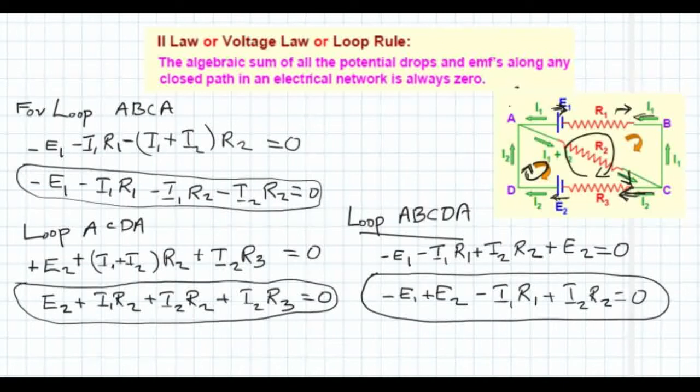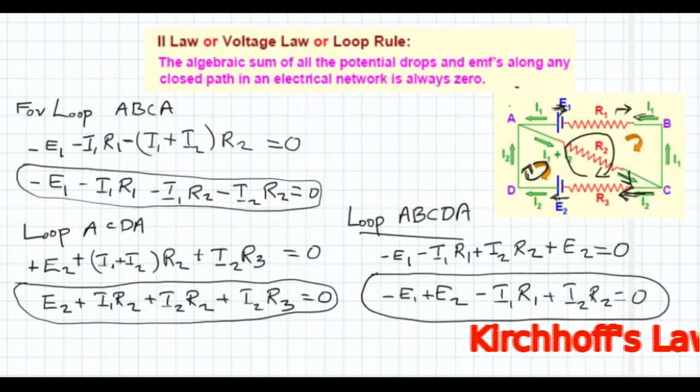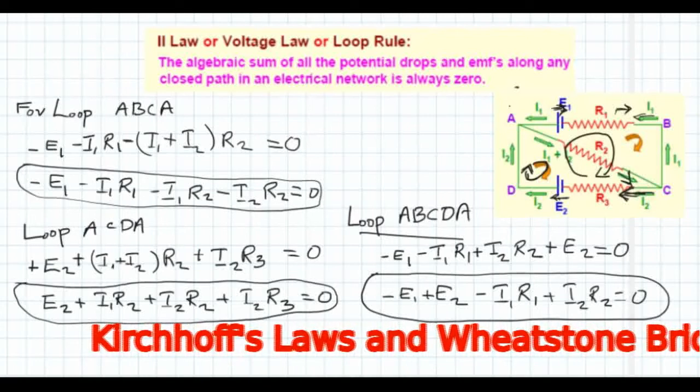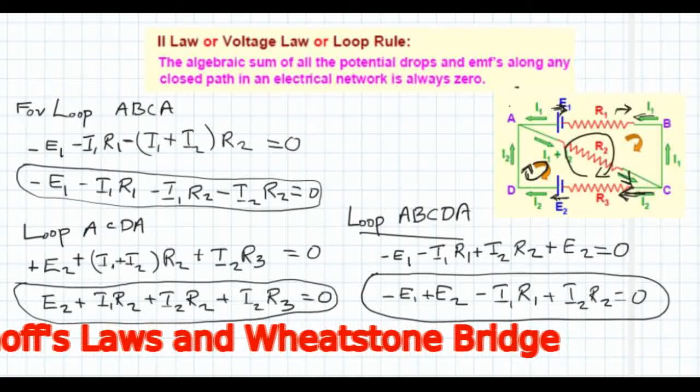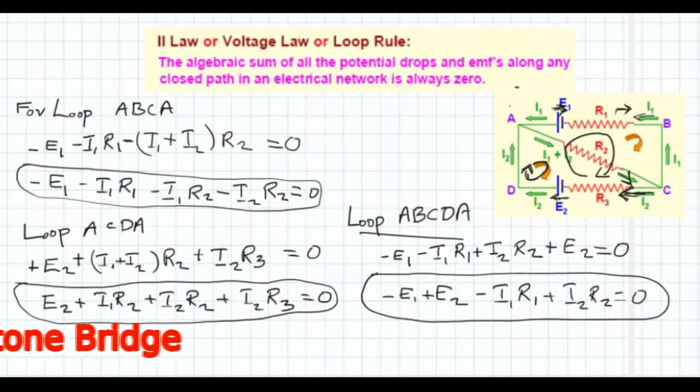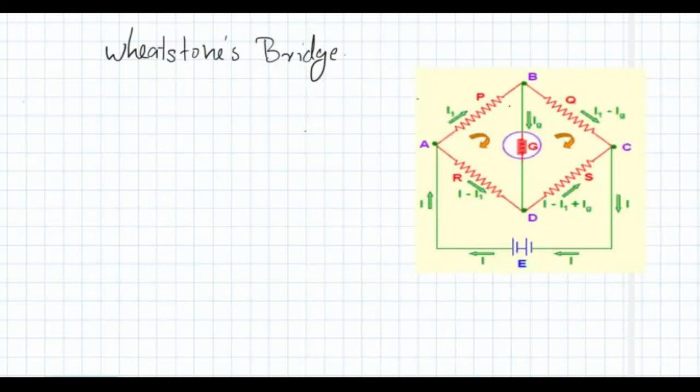And this Kirchhoff's law is best understood in a circuit which is called Wheatstone's bridge. In Wheatstone's bridge we can apply this Kirchhoff's law and find the unknown resistance. So first we will see what a Wheatstone's bridge is.